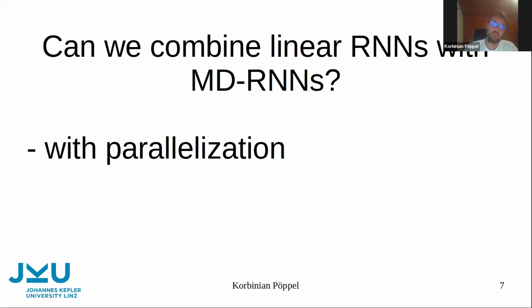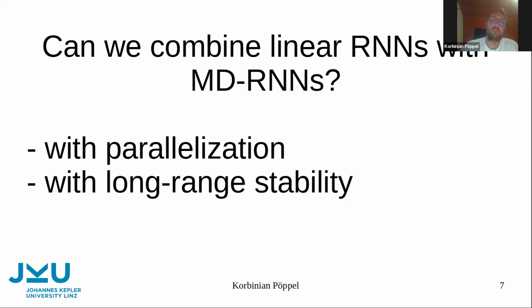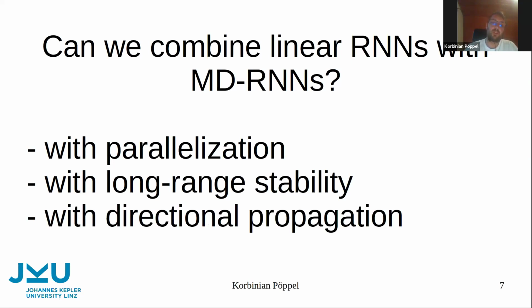That doesn't necessarily mean that we have few flops, but that we parallelize a lot to leverage GPUs. Then also, can we do this with long-range stability? We will see later why this might be a problem. And also with directional propagation.